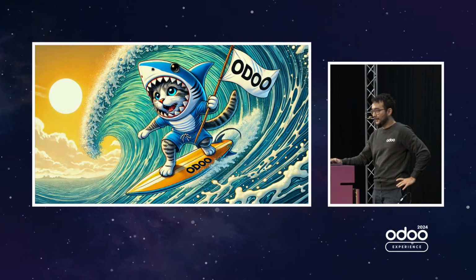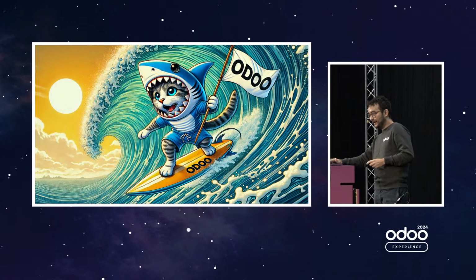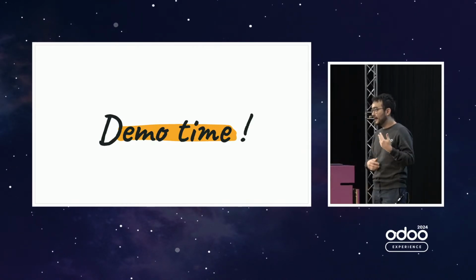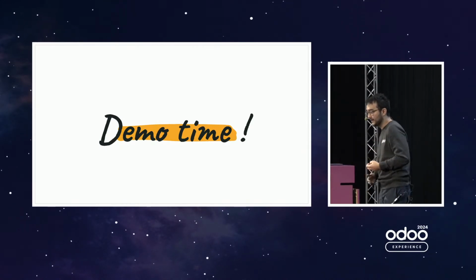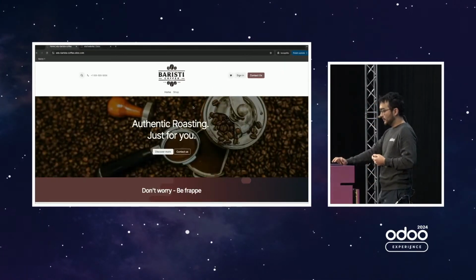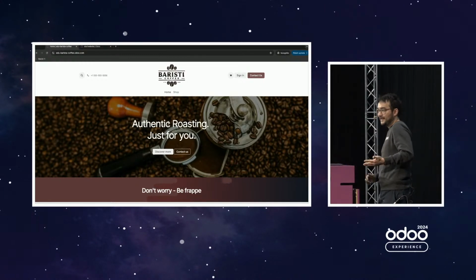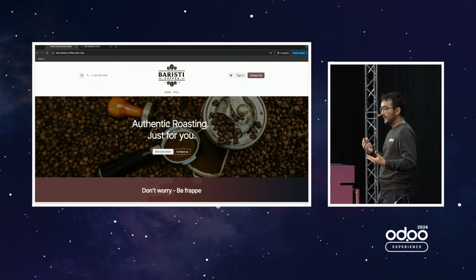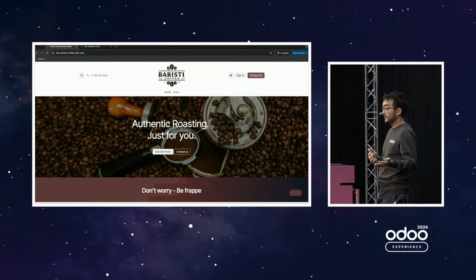Alright, so we're going fast here, and I want to walk the talk and show you how we can use those tools that we have at our disposition in Odoo. In this use case, we are a coffee bean selling business.